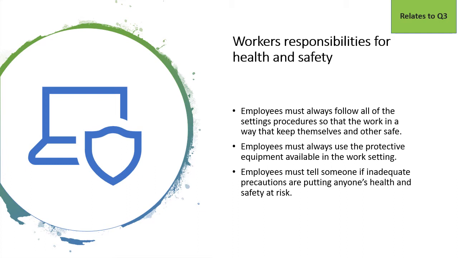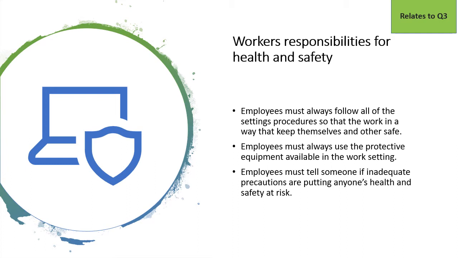And employees must always use protective equipment available in the work setting. So this could be wearing gloves and aprons, so your PPE, your personal protective equipment, and like we said before, using the lifting equipment. If you were lifting somebody, that's there to protect. So you need to use it, and know how to use it also.